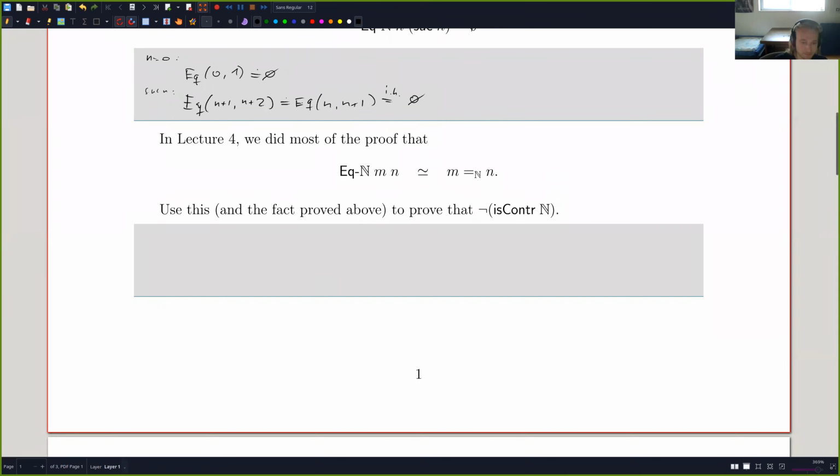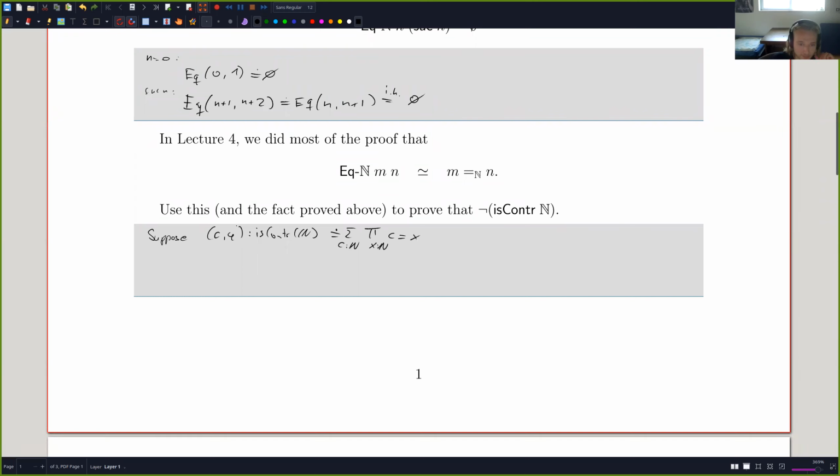To prove this, suppose we had a witness that the natural numbers are contractible, with center C and contraction phi. Let's write that down. It is contractible, and that's by definition a natural number C, and a witness that for all x in the natural numbers, C is equal to x.